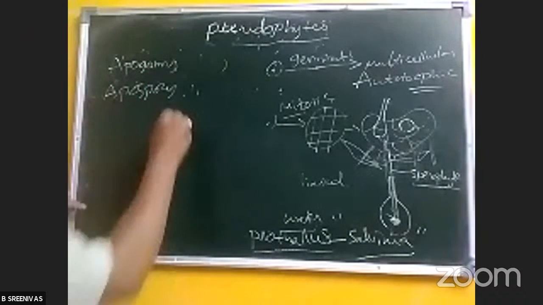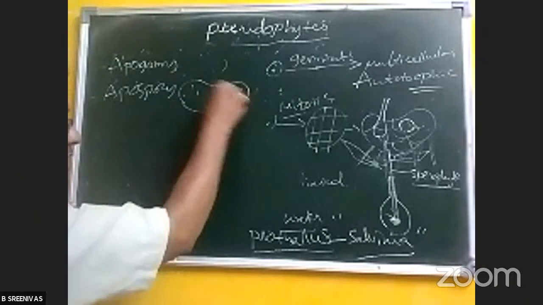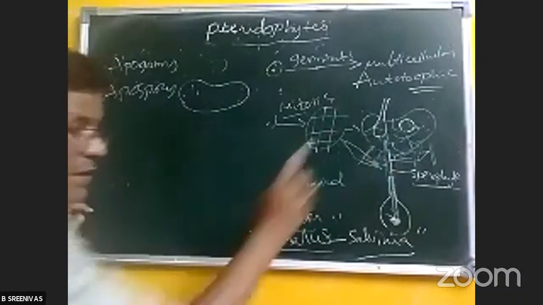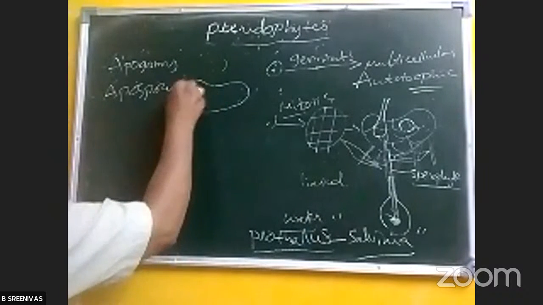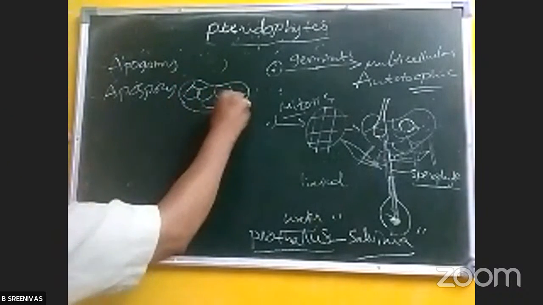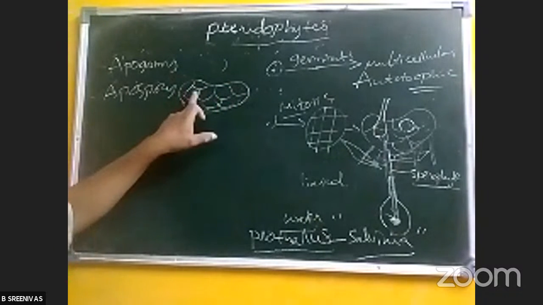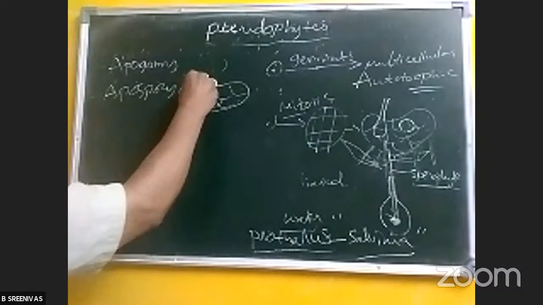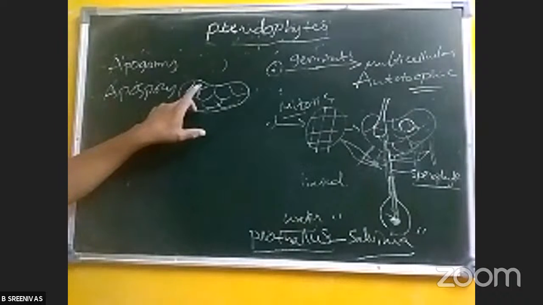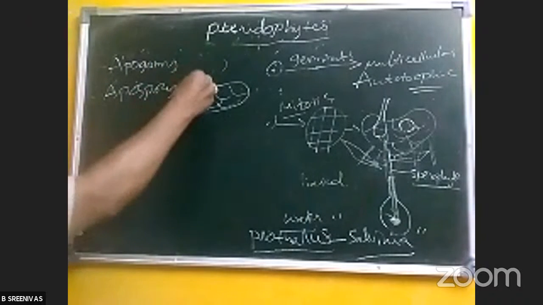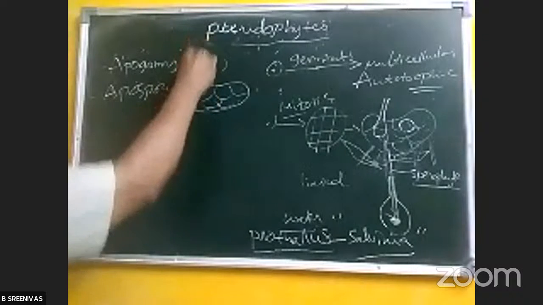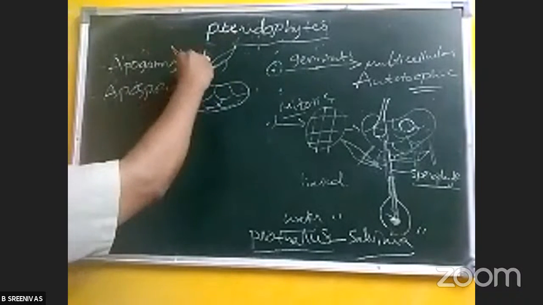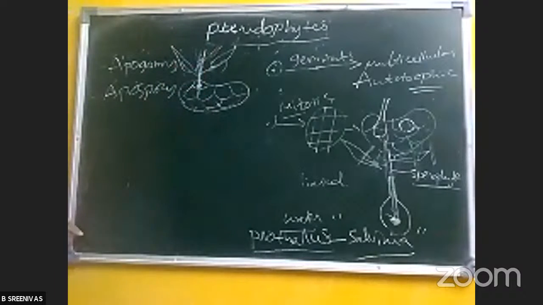Apogamy means, this is the gametophyte, and sex organs are present here, but sometimes the cells of the gametophyte develop into mother cells and directly give the sporophyte. So some cells of the gametophyte directly give sporophyte development. Sporophyte is developed from the cells of the gametophyte.